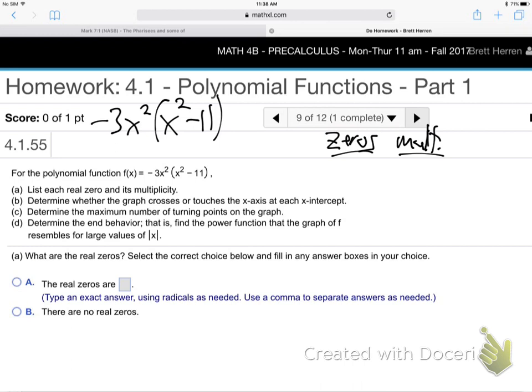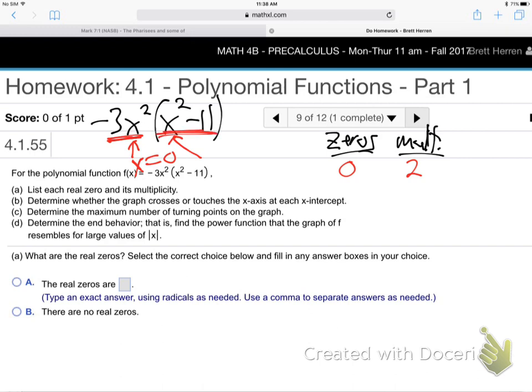What can I plug into this piece to make him 0? Yeah, just 0. You can just plug in x equals 0. And what's his multiplicity? His power is 2. Good so far? Now what can I plug in there to make this piece 0?